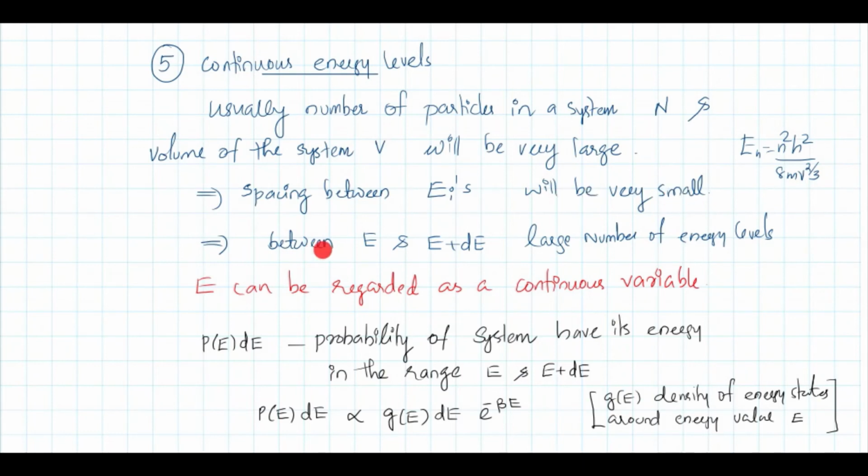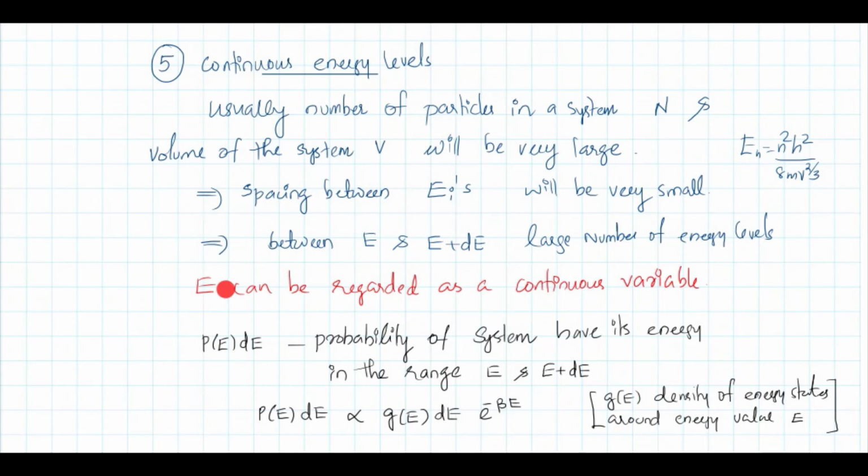That is, between an energy E and a very close energy E plus dE, there will be a large number of energy levels because the spacing between each energy level is very small. If you consider a small energy interval dE, in that interval itself there will be a large number of levels.